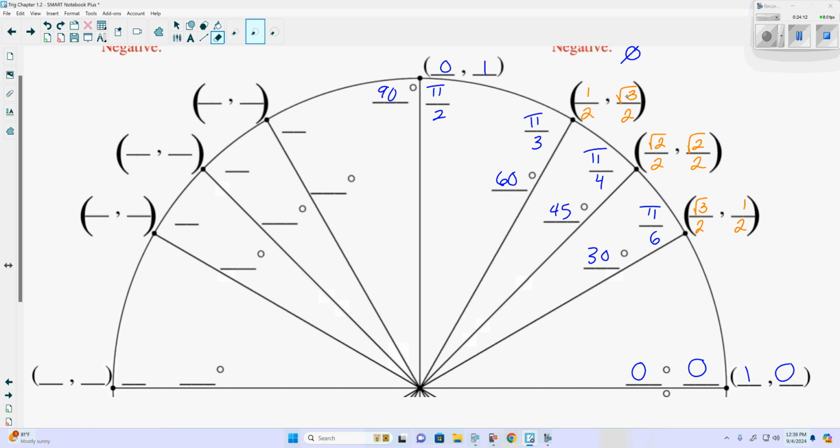Now, the reason we get these numbers is because of special right triangles. Questions on any of this so far? This here is helpful in that if I'm looking for sine or cosine of 30, 45, 60, it's right here.